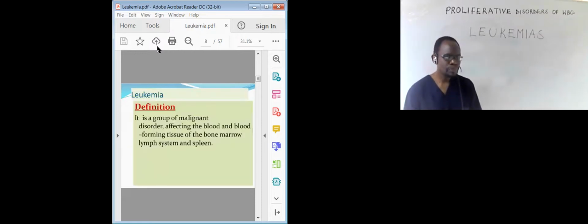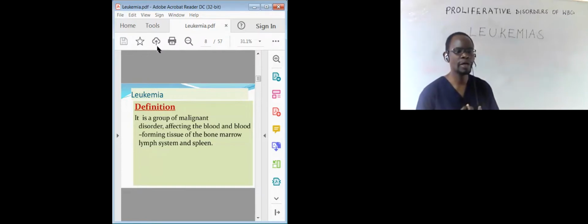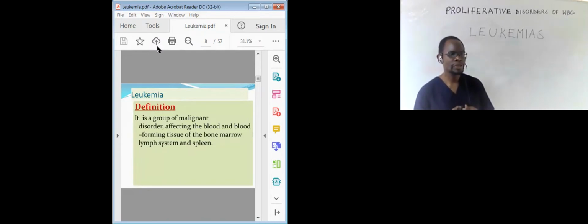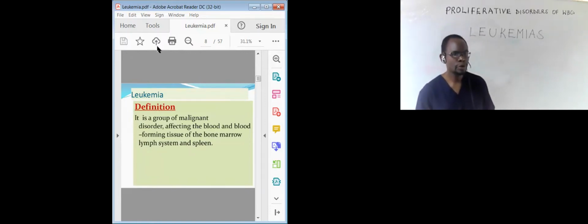Now, we said that leukemia is basically a neoplastic proliferation of hematopoietic precursor cells. Here they have defined it as a group of malignant disorders affecting the blood and blood-forming tissue of the bone marrow.